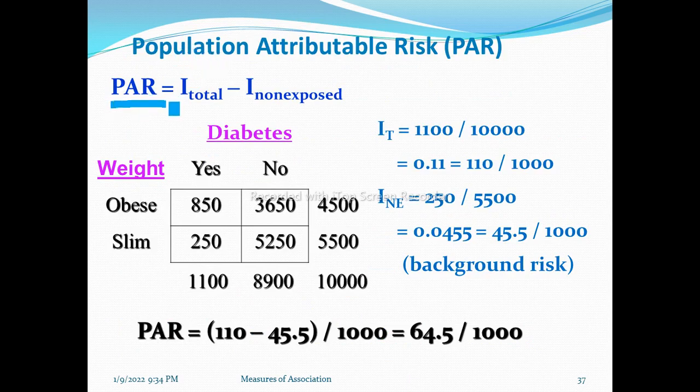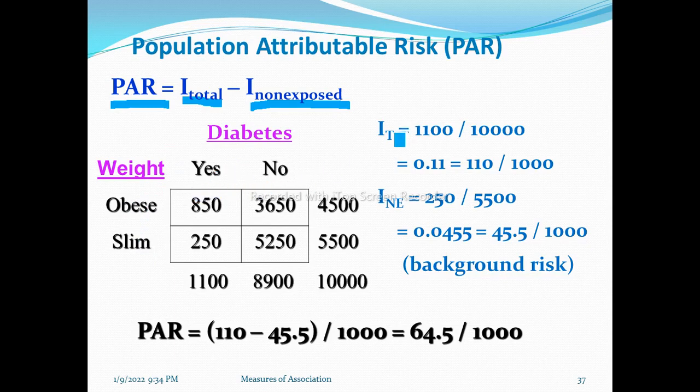Population attributable risk is calculated using incidence in the total population minus incidence in non-exposed. Here we have diabetes, weight, obese as exposed, slim as non-exposed, yes is with diabetes, no is no diabetes.